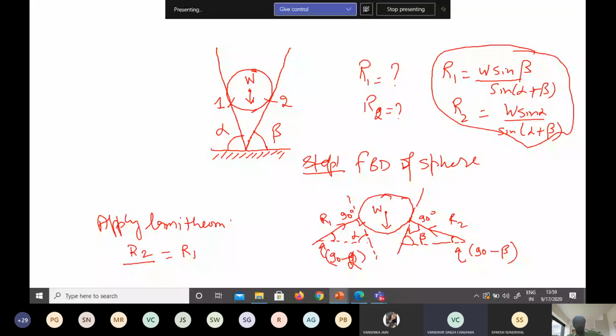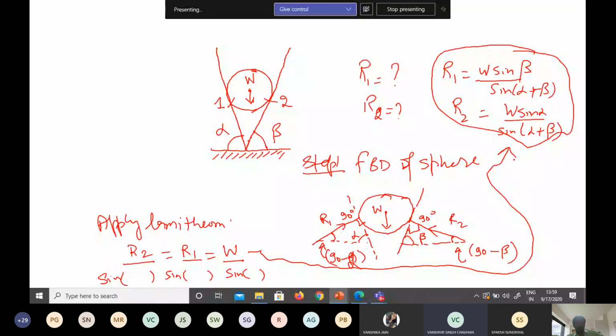I will not write here, write it by yourself. Once you use Lami's theorem, you should get the values of R1 and R2. So how many of you have completed this answer?